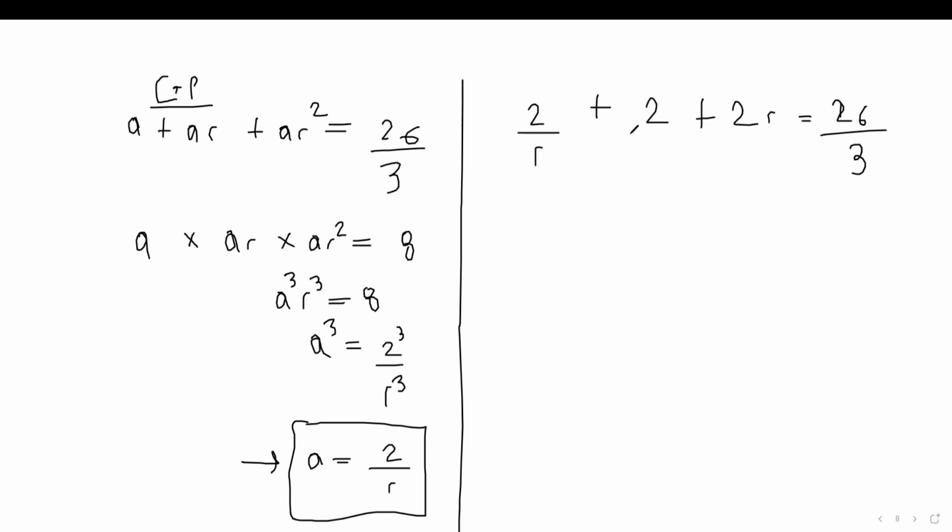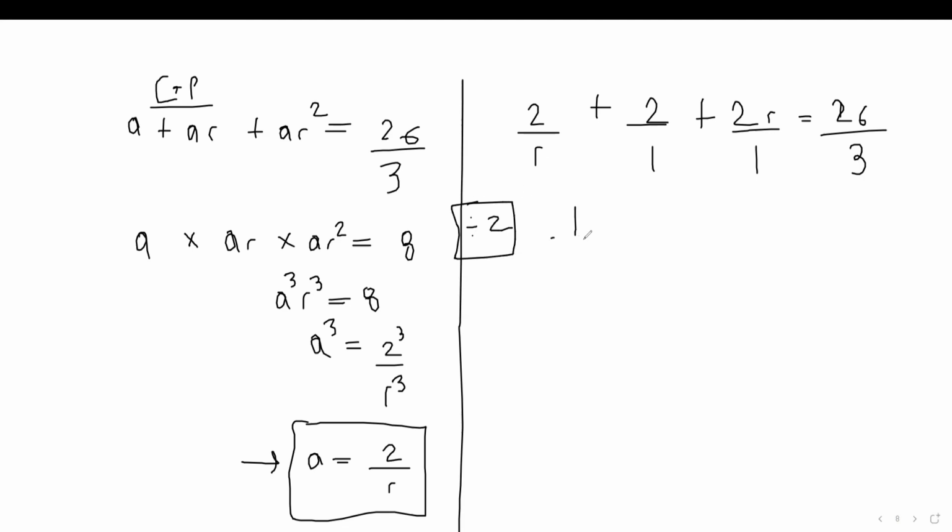So now we need to factor out a 2, but let me see. First I could put everything over a common LCM, but we can just divide through by 2.